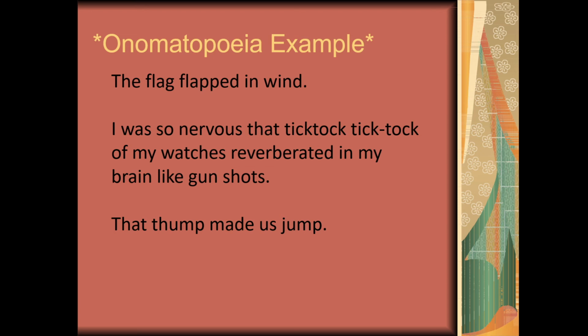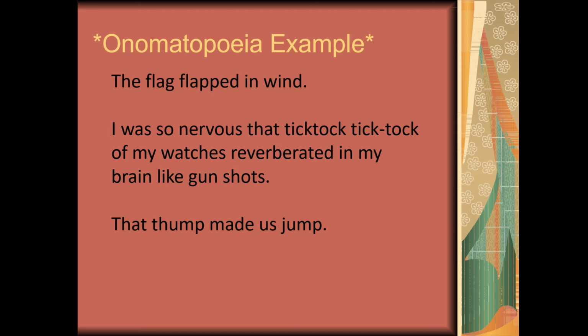The second example: I was so nervous that the tick tock of my watch reverberated in my brain like gunshots. The watch makes a tick tock sound. And then, that thump made us jump. That made someone jump.